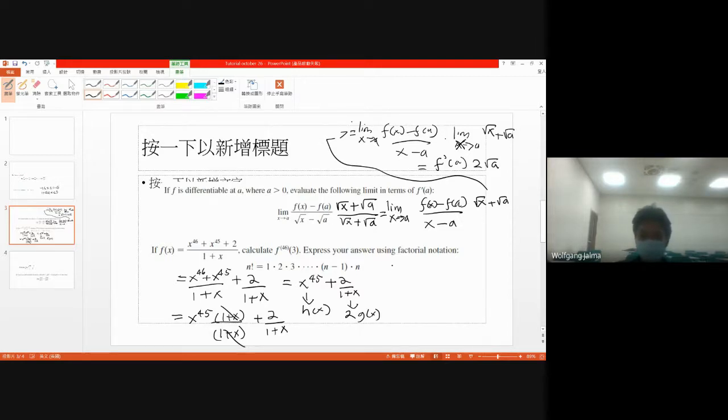So basically we know that the 46th derivative of f is equal to the 46th derivative of h plus 2 times the 46th derivative of g, right?